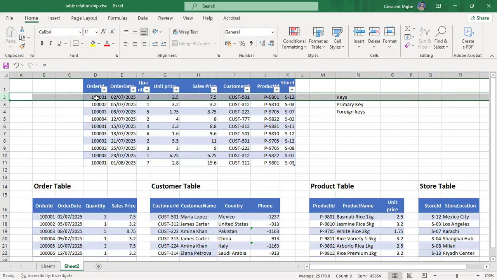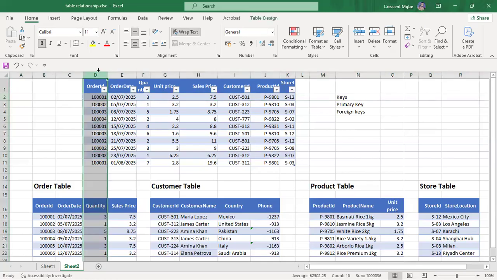There can never be another first order for that particular day. Even if the same customer places an order again, it will automatically become the second order. So because a primary key cannot duplicate in a column, that is how you identify a primary key.